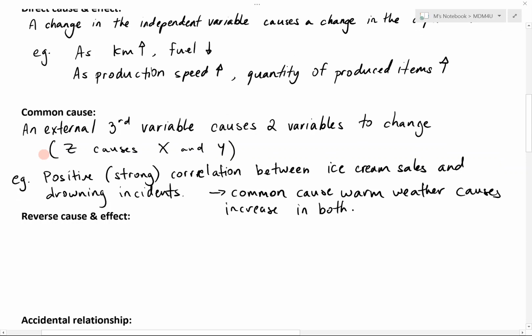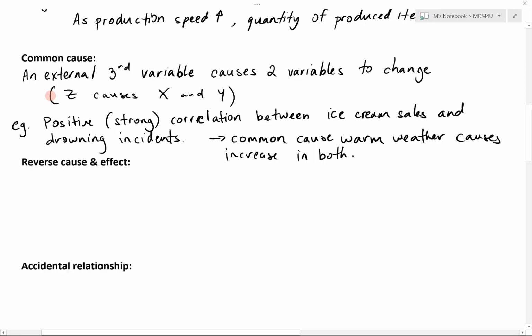So that's common cause. The third one, reverse cause and effect. This is where the independent and dependent variables are reversed.